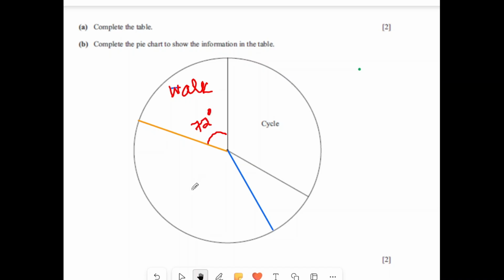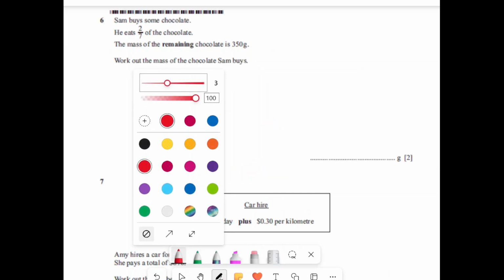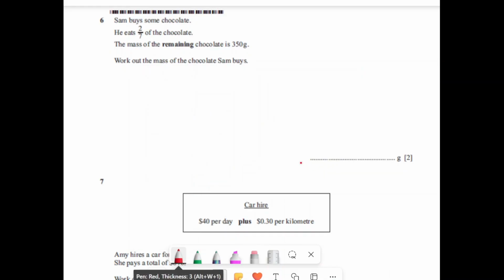And this is by car, that is 138 degrees. And this is by bus, that is 30 degrees. Got it? Okay.